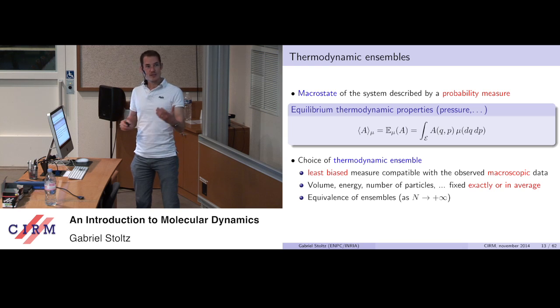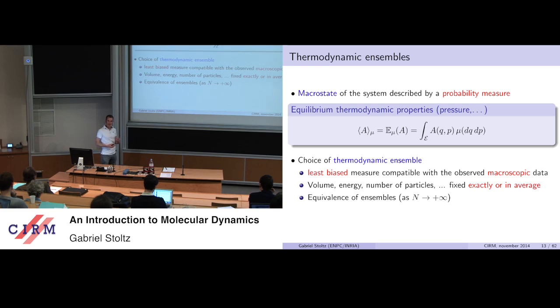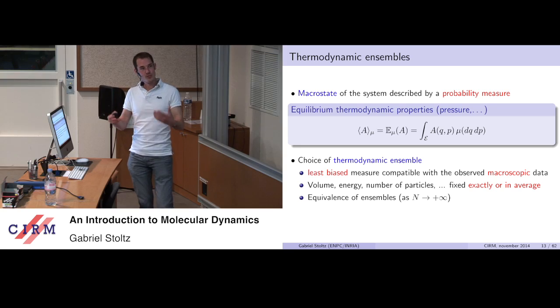There is a modeling choice here as well. You decide what you want to fix exactly or in average. That determines your thermodynamic ensemble, and then you run your computations. Hopefully there is some result of equivalence of the averages with respect to different thermodynamic ensembles as the number of particles goes to infinity.